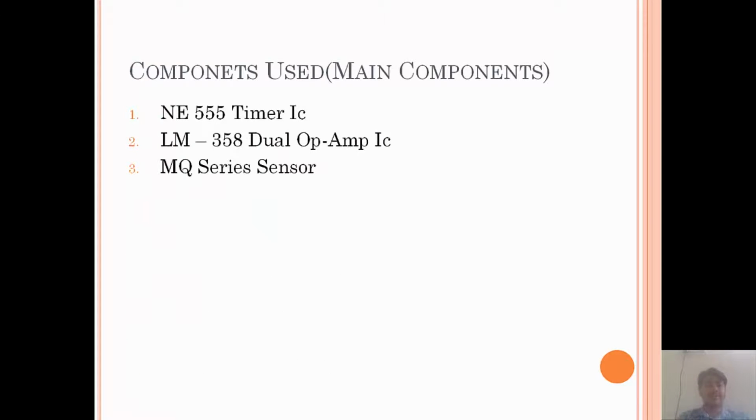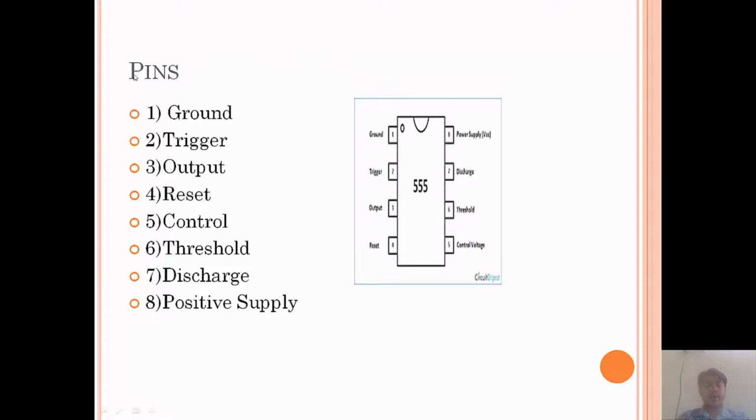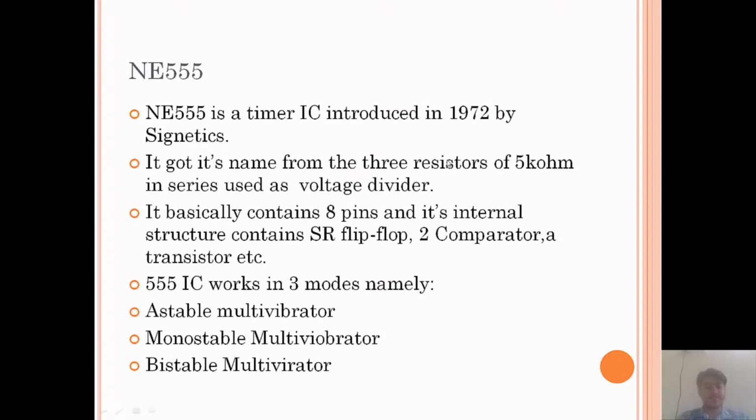The main components used in my project are the 555 IC, the LM358 dual op amp IC and the MQ series sensor. Now the 555 IC pin out. First pin is ground, second trigger, third output, fourth reset, fifth control, sixth threshold, seventh discharge and eighth VCC.